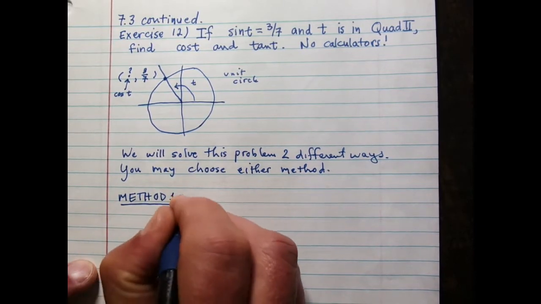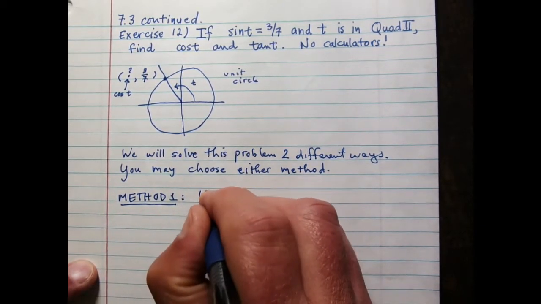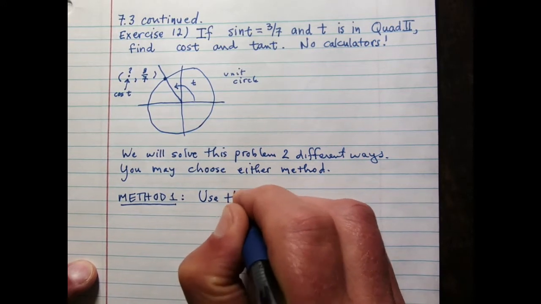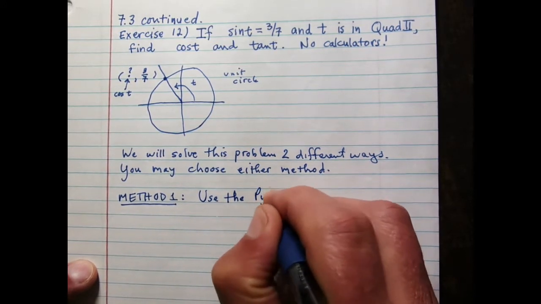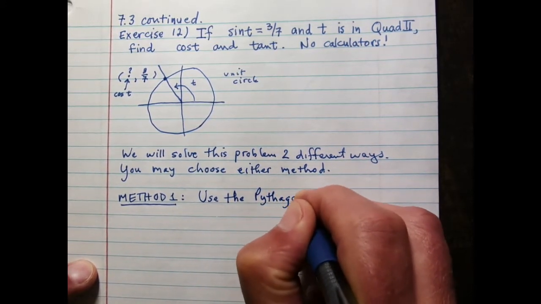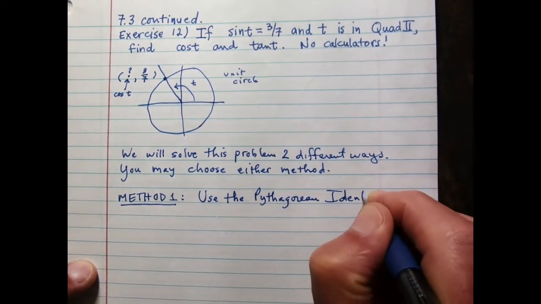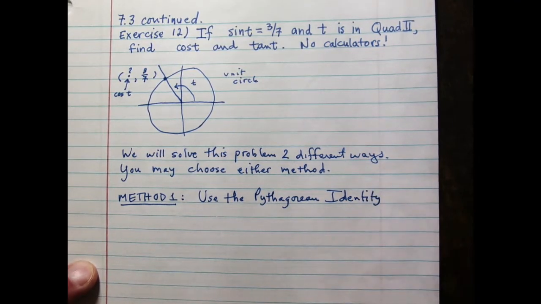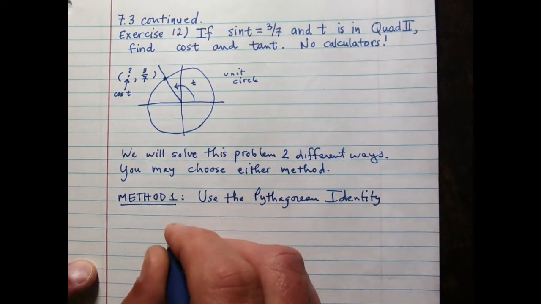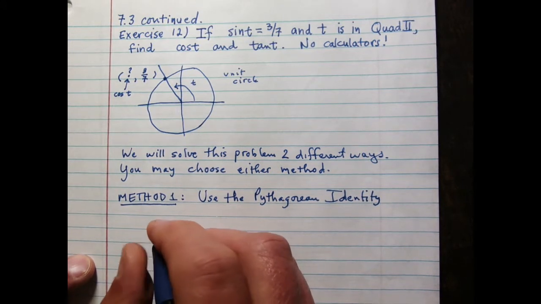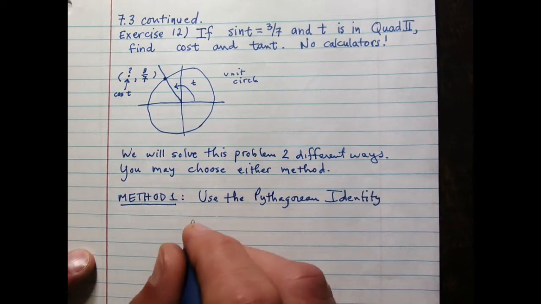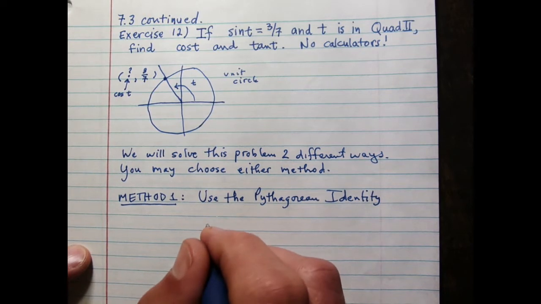for solving this problem. I'm going to use the Pythagorean identity. So the Pythagorean identity is that the sine squared of an angle plus the cosine squared of an angle is equal to 1.